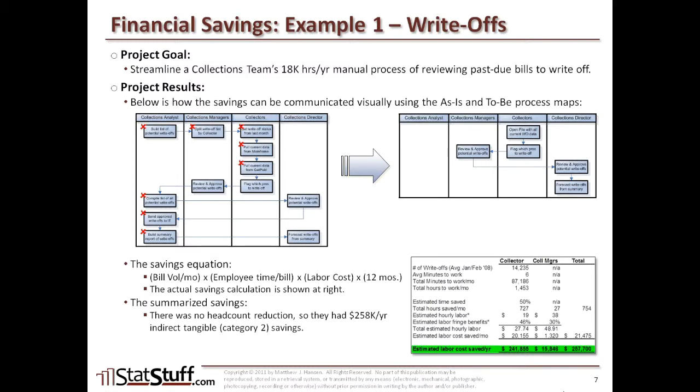That is a category 2 savings, where we didn't make a direct impact to the bottom line because the headcount wasn't reduced. We just shifted their workload to things they couldn't handle before. Now they're doing different types of work now that the process was streamlined. But it was still tangible and measurable, because we can prove we streamlined the process and measure it through the hours we contributed. So we called it a category type 2 of savings.